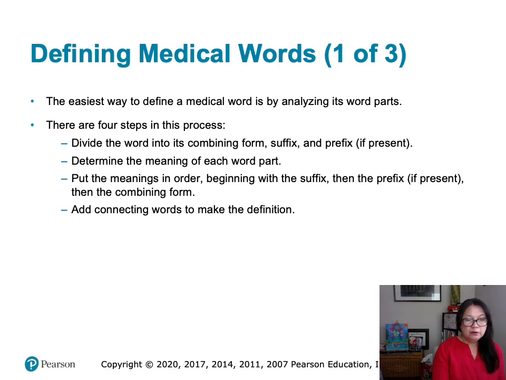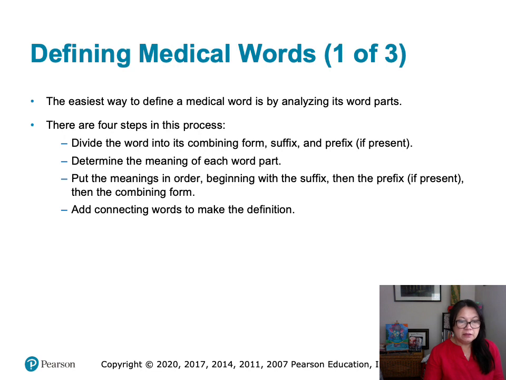Now that you're familiar with prefixes, combining forms, and suffixes, it's time to take a closer look at how these elements fit together. Let's start by discussing how to analyze and define a medical word by breaking it into its word parts. So you read or hear a medical word and want to know what it means. There are four steps.